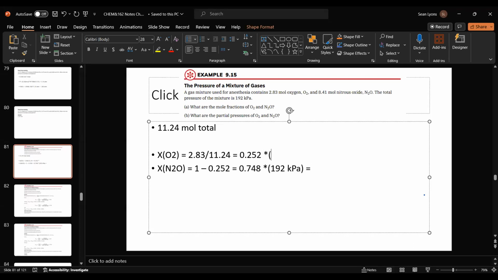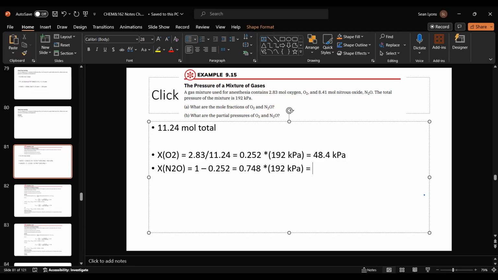Or the same thing here. So when we think about it, since nitrous oxide is a much larger component in terms of moles, it's going to be a much larger component in terms of the pressure. It's going to be about 3/4 of the pressure. So 192 times 0.252, 48.4 kilopascals for the oxygen.